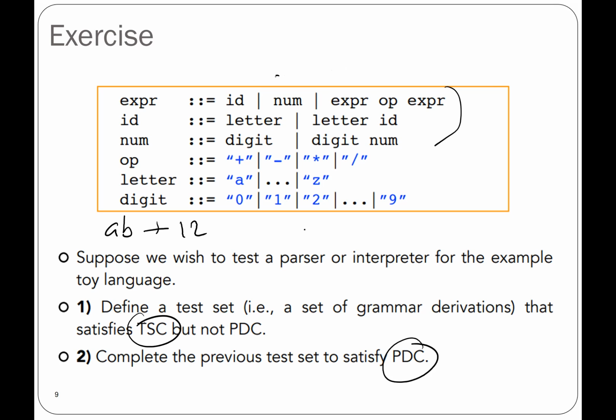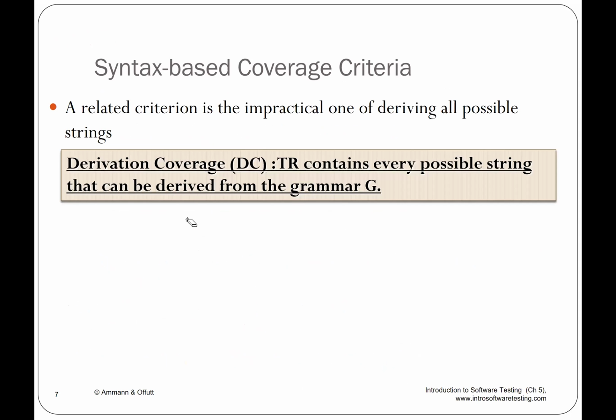I can have AB, I can have ABC plus 1, 2, I can have ABE plus 3, 4. Even with this relatively very small language, we'd need an infinite number of test cases. So a lot of the time, derivation coverage, while obviously stronger than PDC, is usually impossible.